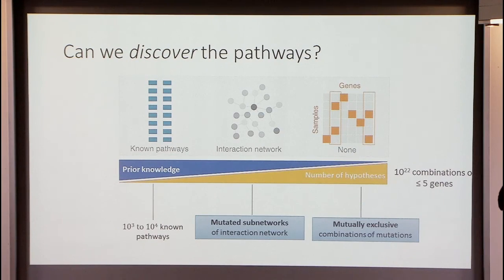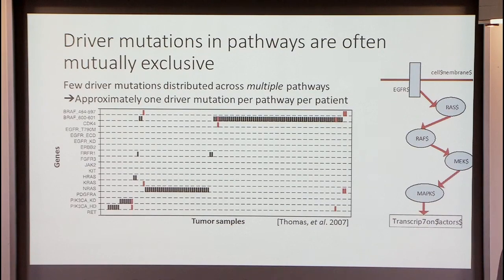Another approach that uses less prior information, now no gene sets, no interaction network, is to use some signal we expect of perhaps mutations in pathways. One such signal is mutual exclusivity. The argument here is that if we look at a signaling pathway, what we tend to see is that there's approximately one gene in this pathway mutated per patient.